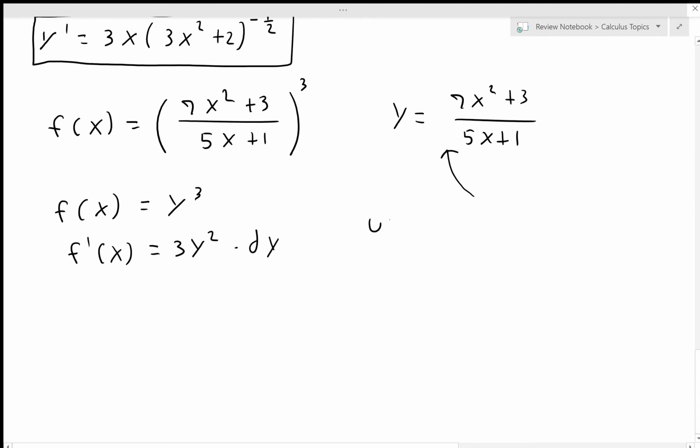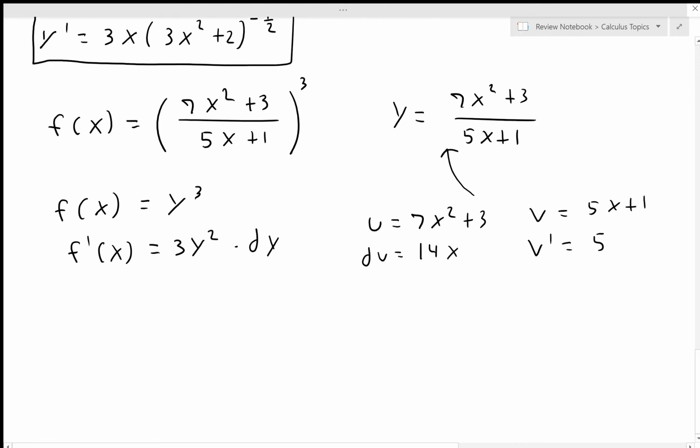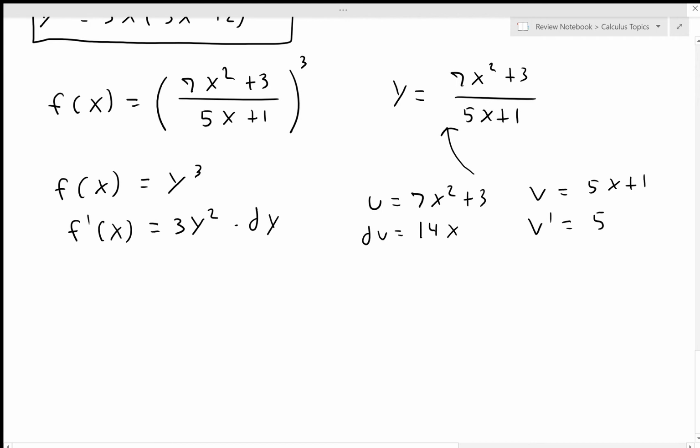So say u is 7x squared plus 3. Du would be 14x. V would be the denominator, 5x plus 1. The derivative is 5. Just as a reminder, the quotient rule is the numerator u prime v minus u v prime over v squared.